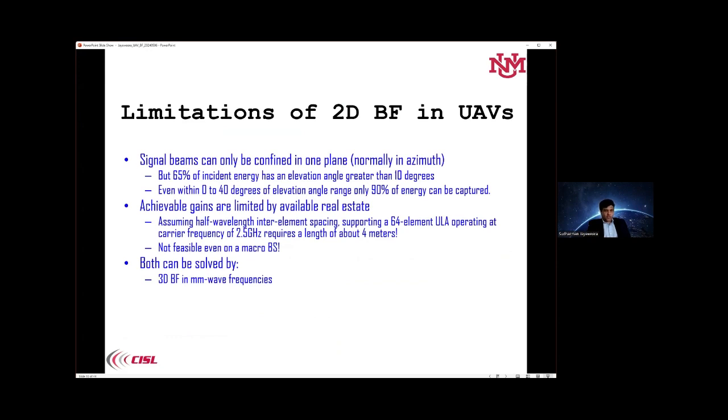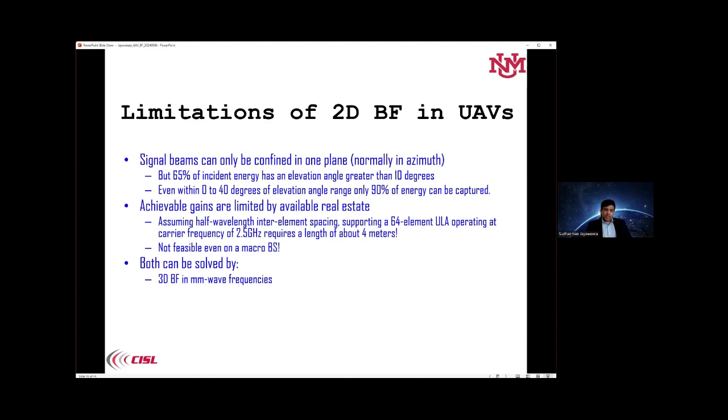Now, this is all 2D beamforming. The 2D beamforming has been used for a long time, but it has several limitations. For example, in cellular systems, it's known that more than 65% of the incident energy from a base station actually arrives at the receiver on the ground with an elevation angle greater than 10 degrees.